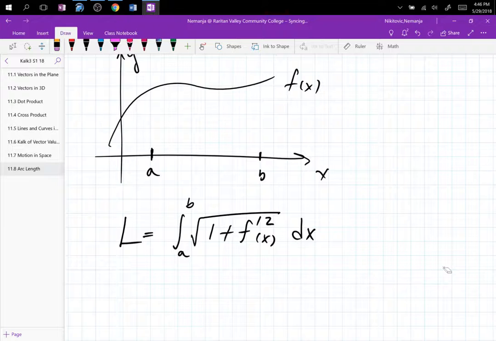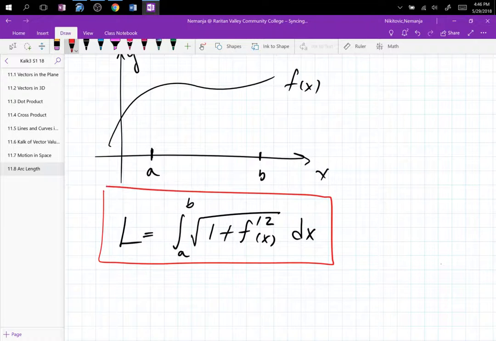That was the arc length integral. So we find the derivative of the function, plug everything in.